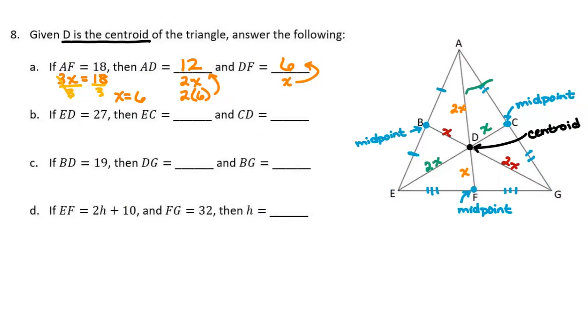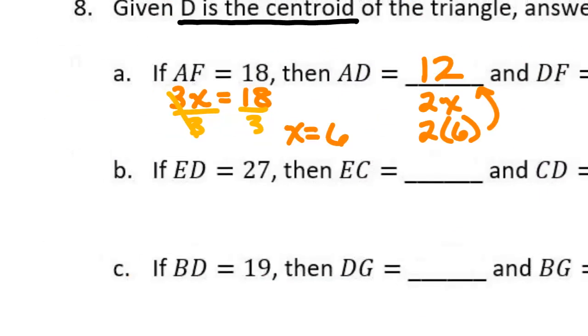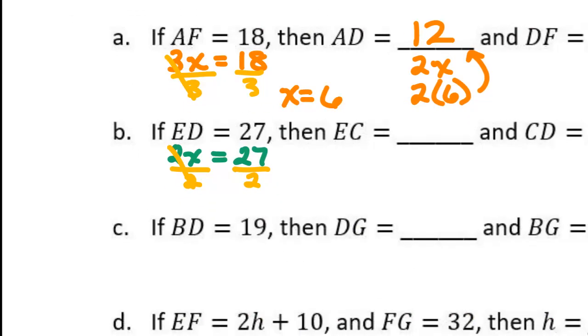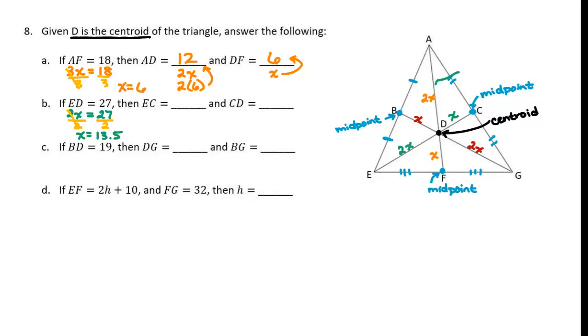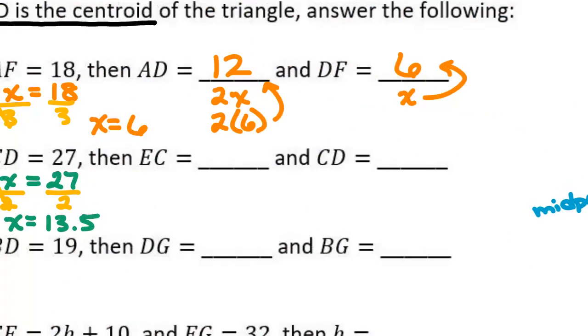All right, next one, it says ED is 27. Well, here's ED. Is that an x, 2x, or 3x? 2x. So we have 2x equals 27. To find what x is, we divide both sides by 2. What is half of 27? Yes, 13.5. So EC, this right here, x, 2x, or 3x? 3x, because it's the whole median.